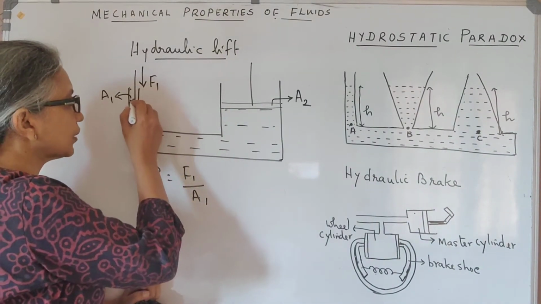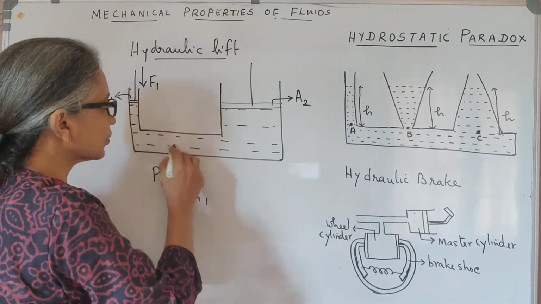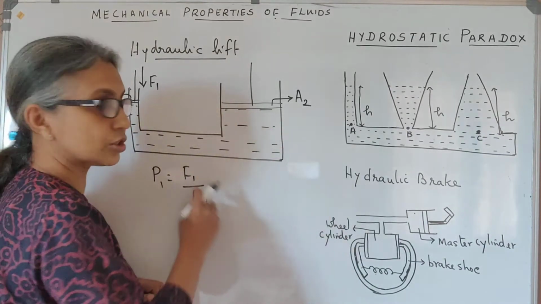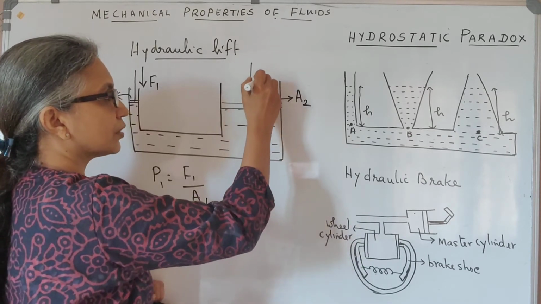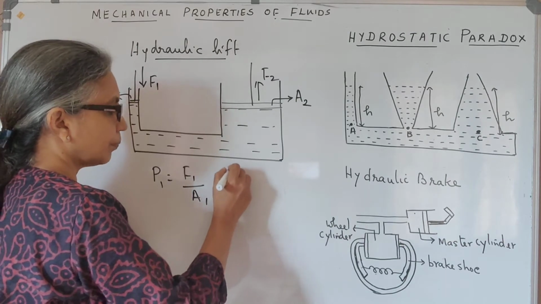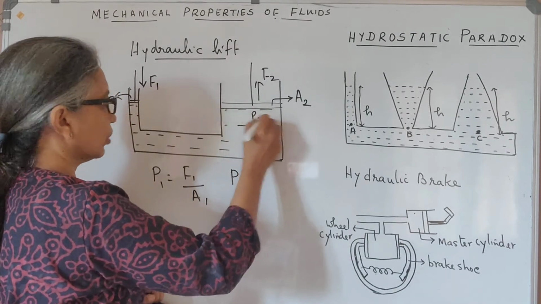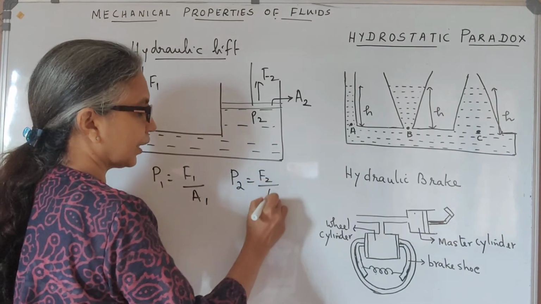But according to Pascal's law, this pressure that I exert at this point will be transmitted equally and undiminished to all parts of the fluid, which means this piston is also going to experience a force F2, which is going to be due to the pressure exerted here, P2. So P2 is equal to F2 by A2.